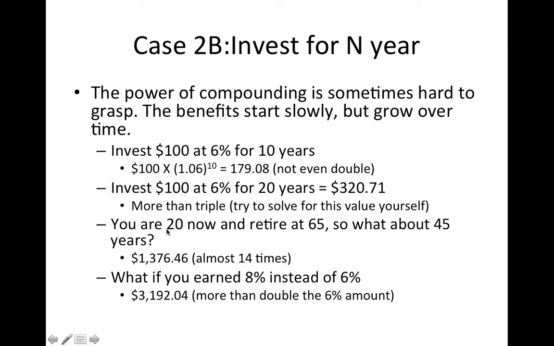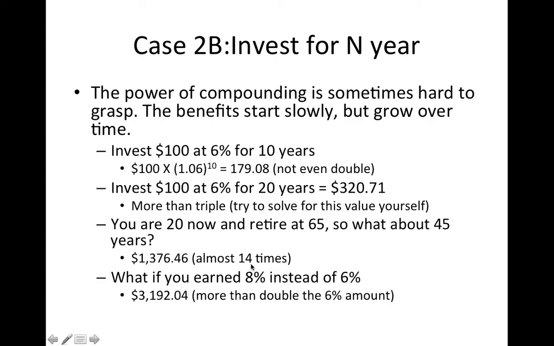So let's see, you're 20 years old, let's just say, and you're going to retire at 65. So let's think about what happens over 45 years. At the end of 45 years, your $100 has grown to $1,376.46. That's pretty good growth.